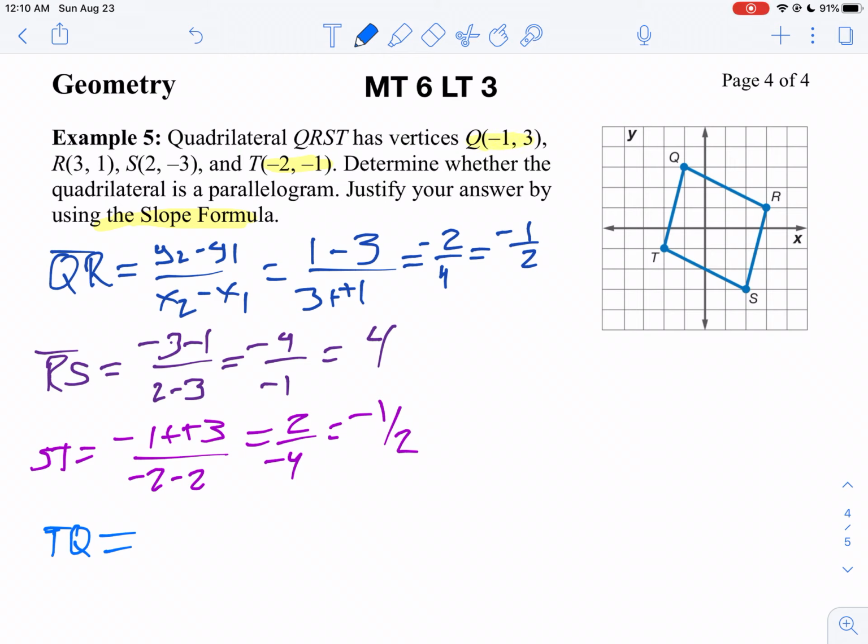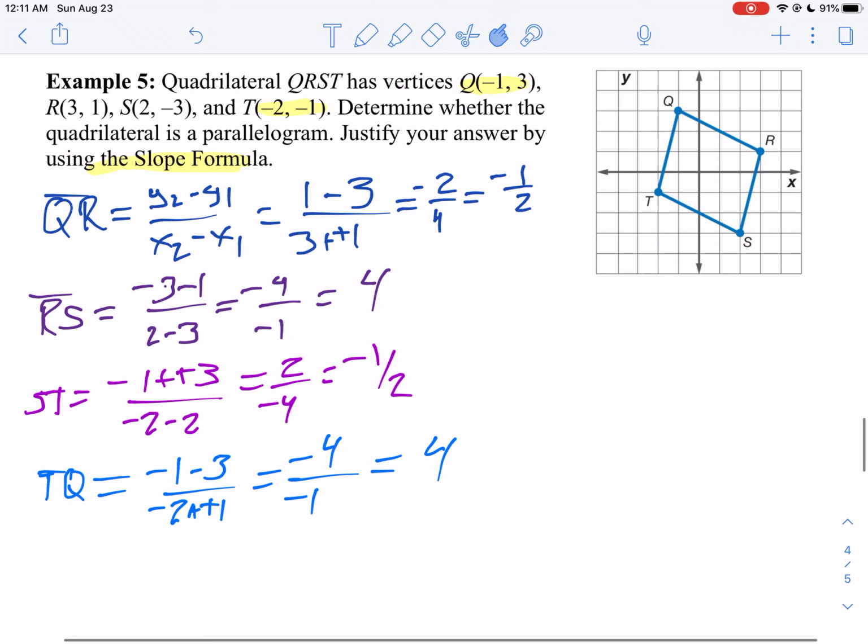So negative 1 minus 3 over negative 2 minus a negative 1. Well, negative 1 minus 3 is negative 4. Negative 2 plus 1 is negative 1. So we get 4.